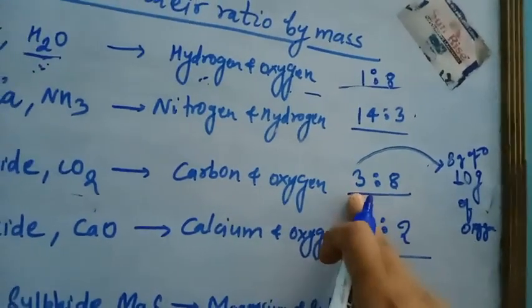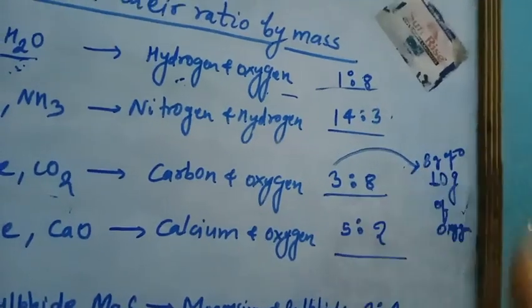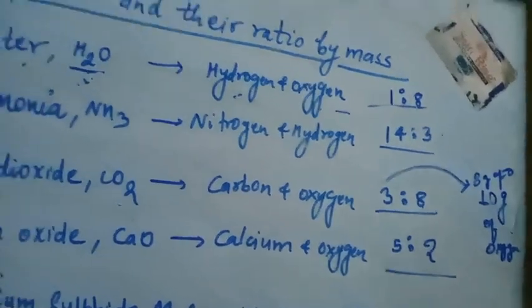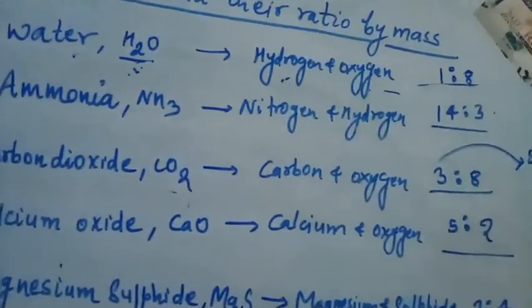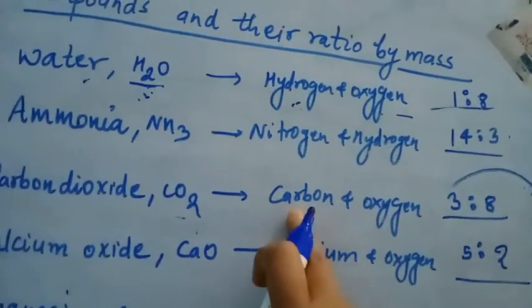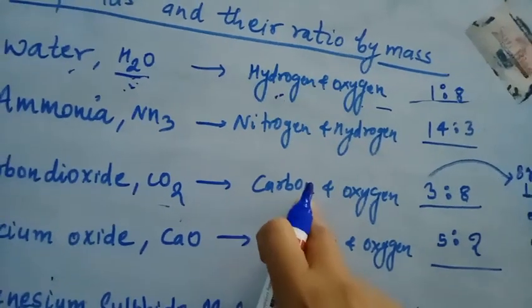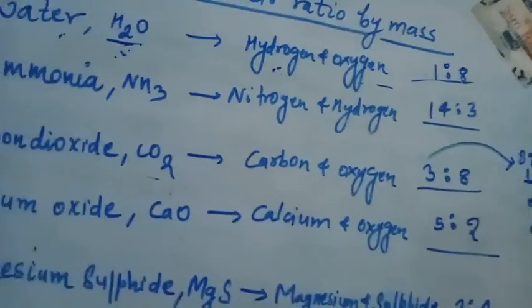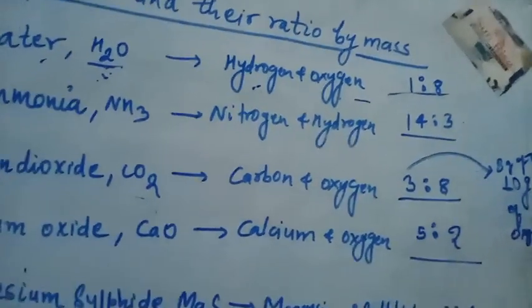So 3 grams of carbon reacts only with 8 grams of oxygen out of 10 grams to form carbon dioxide. Here one of the combining elements acts as the limiting element. It limits the reaction.